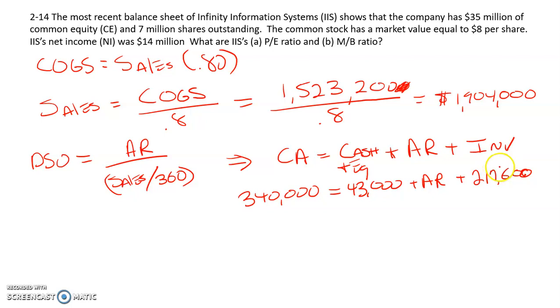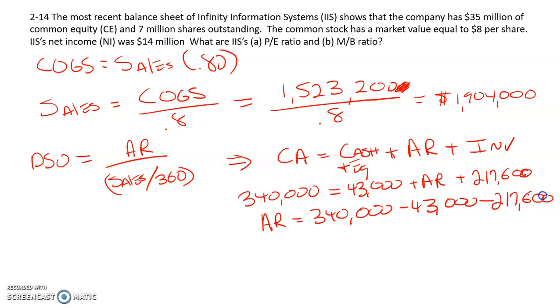So we want to subtract the 43,000 and 217,600 from both sides of the equation. And that gives us accounts receivable is equal to 340,000 minus 43,000 minus 217,600. So that is 79,400.